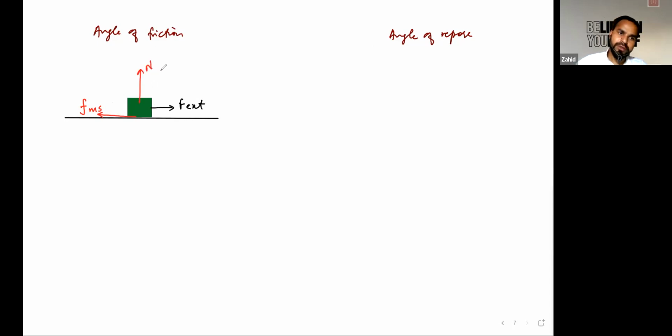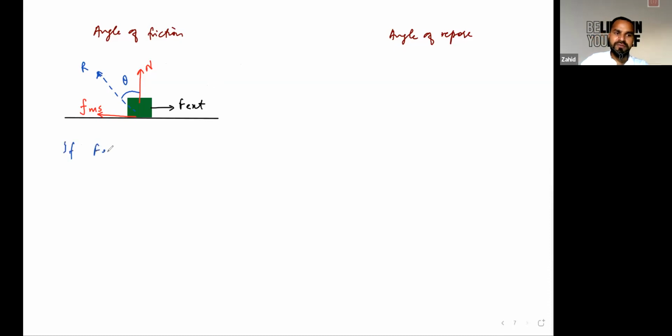Now, if you take the resultant of this normal reaction and this maximum static friction, it will be along this direction. This is your resultant of normal reaction and maximum static friction. The inclination between these two terms is termed as angle of friction.